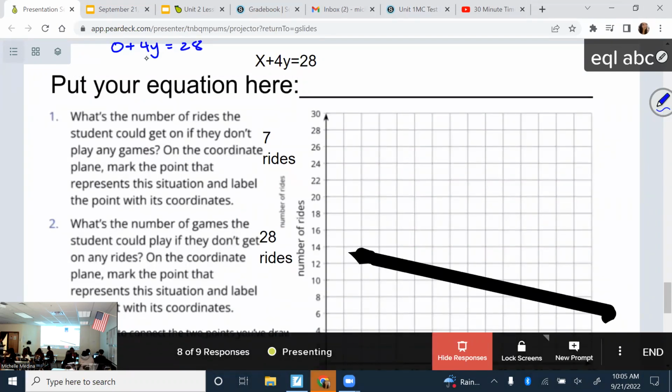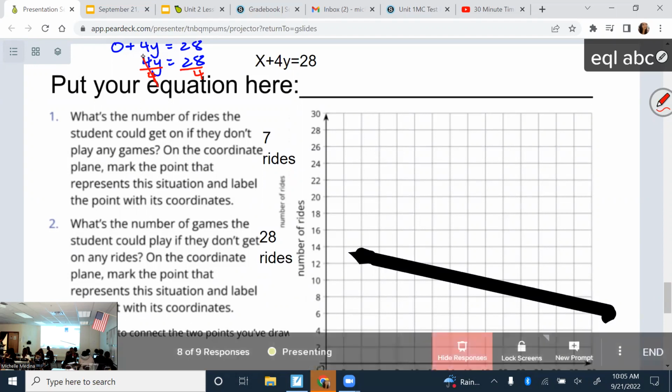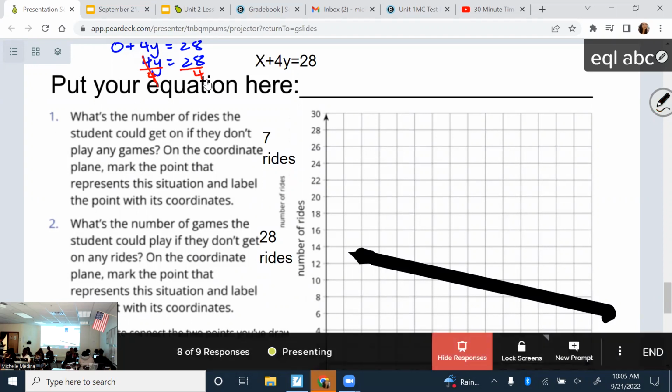What's 0 plus 4y? 4y. What's the opposite of multiplying by 4? So do that, whatever you do on one side. And y equals 7. So 28 divided by 4 is 7. So they got it correct.